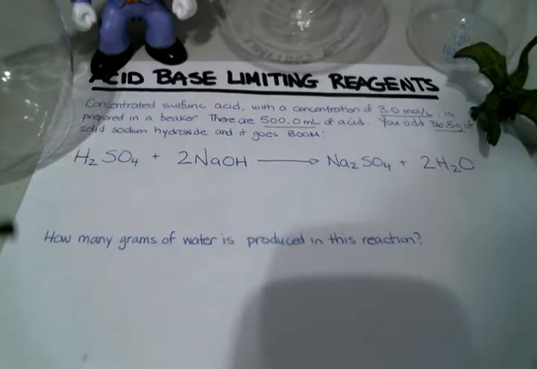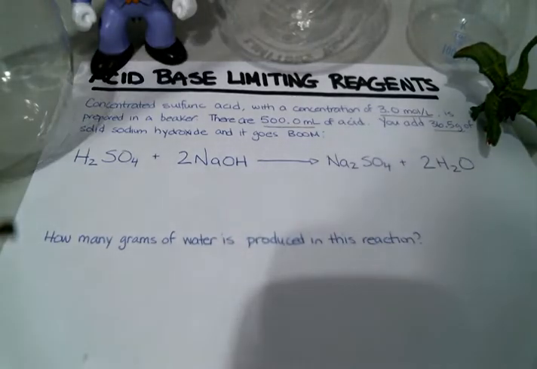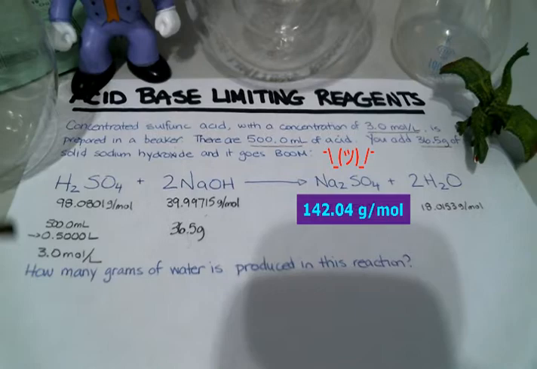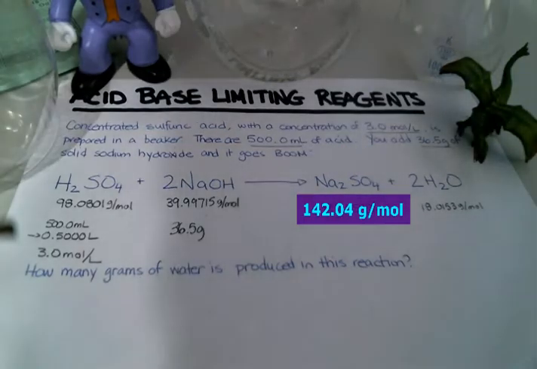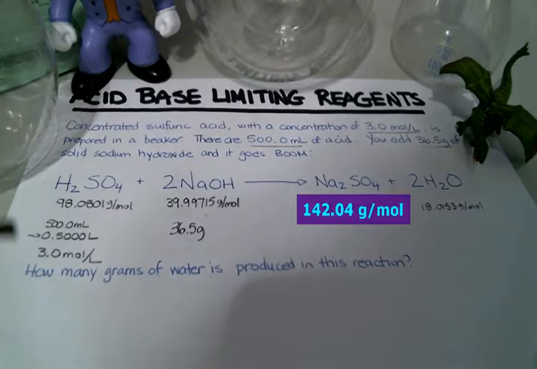So the first thing I'm going to do is put all the molar masses and quantities that I know about all the products and reactants down using my magic chemistry pencil. Voila, there are all of the quantities that we know and the molar masses that we have. Now, you'll notice I did a couple things.